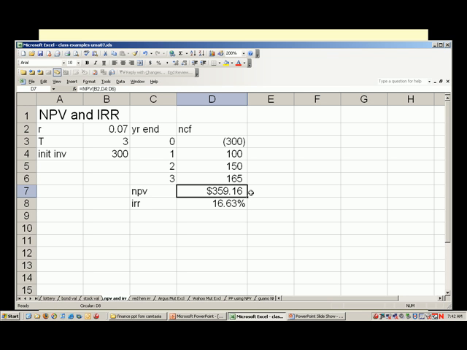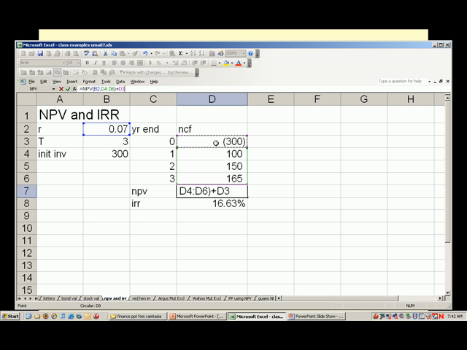To convert that present value amount into a net present value, we have to amend the NPV formula. So let's go up to the formula bar, click at the end of the NPV expression, and say plus, and now what we're going to do is to add the cash flow in year 0 to our present value calculation.